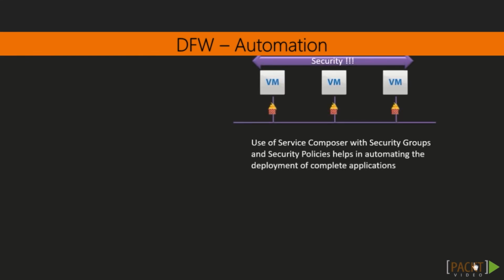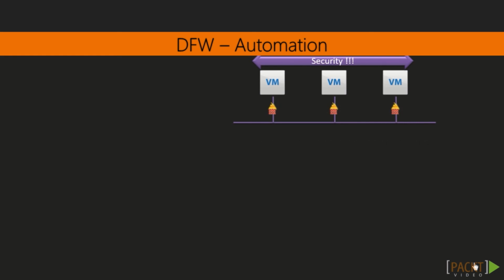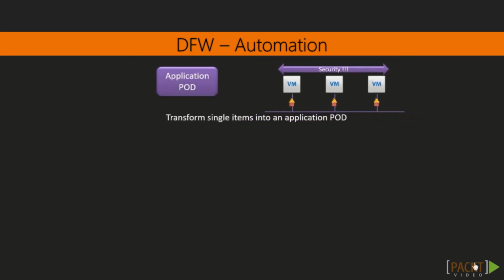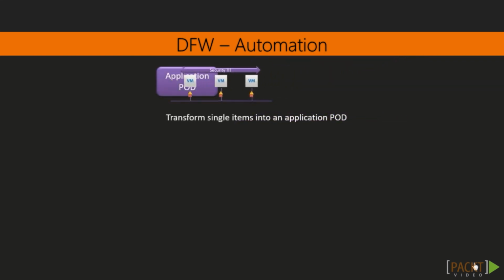So we have our 3-tier application, web, app and DB, plus the DFW doing the security within this application. We use the service composer with security groups and policies, and that helps us automate the deployment of complete applications. How is this done? From my perspective, you just grab this application and it is transformed into something I call an application pod.